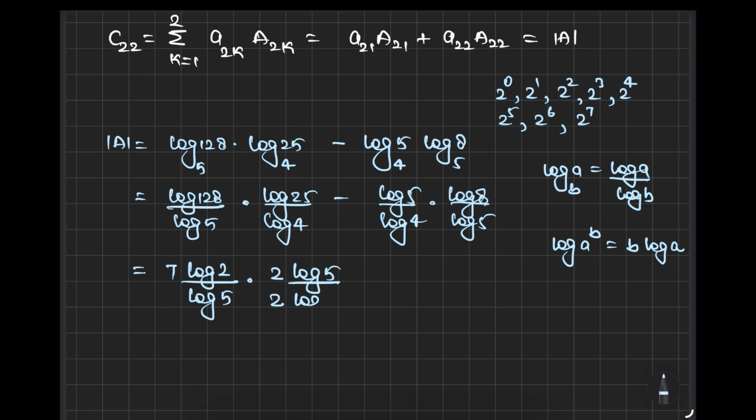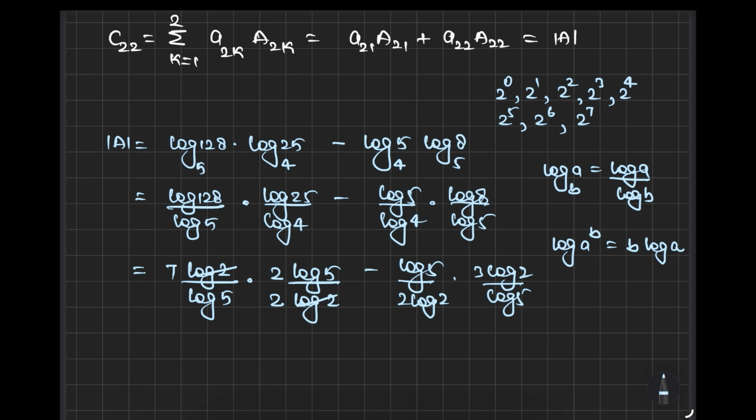So 2 log 2, minus log 5 by 2 log 2, and then 3 log 2 by log 5. Now we need to simplify things.